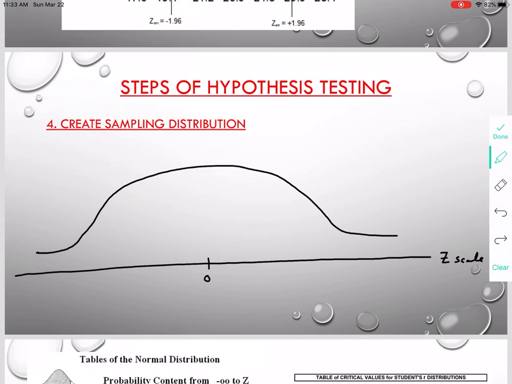Or even within the same study, you may be looking at different dependent variables. If I'm doing a test about blood vessel health, I may be measuring blood pressure, I may be measuring arterial stiffness, and they have different units. So even within the same study, a standardized scale is very important.